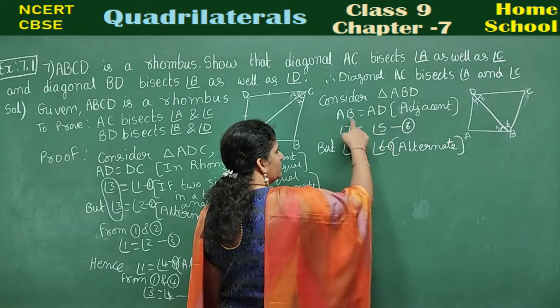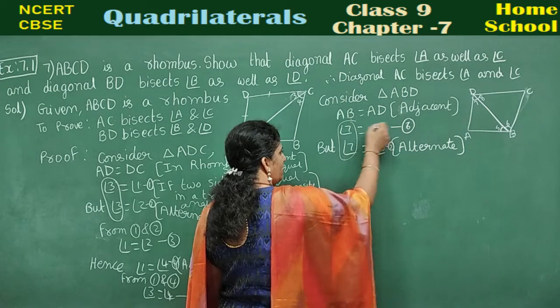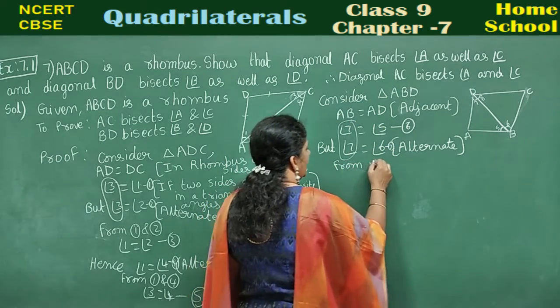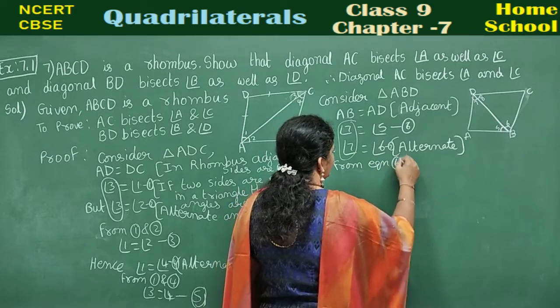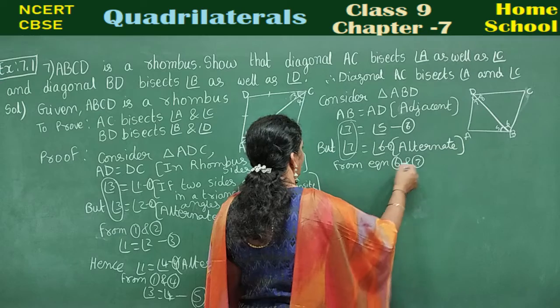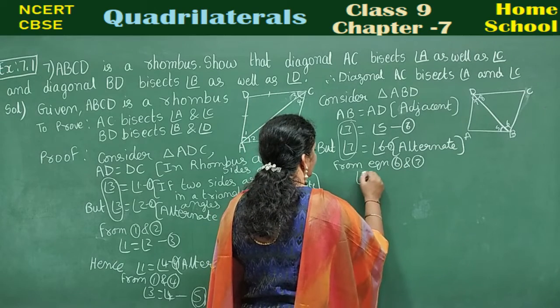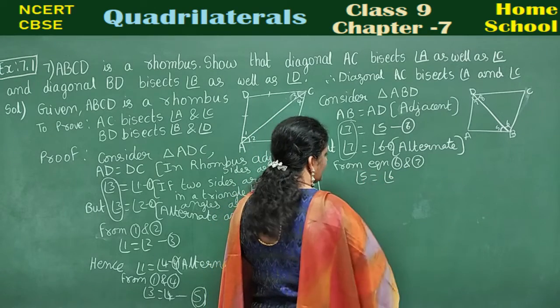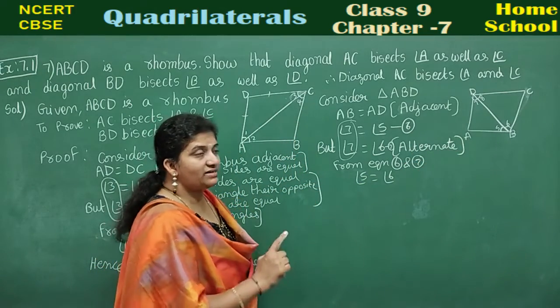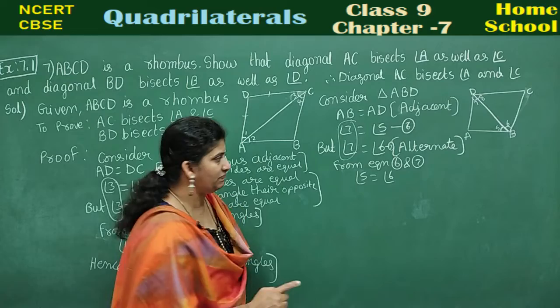Angle 7 is common. So equate these two angles. From equations 6 and 7, I say that angle 5 is equal to angle 6. That means diagonal BD is bisecting angle B.